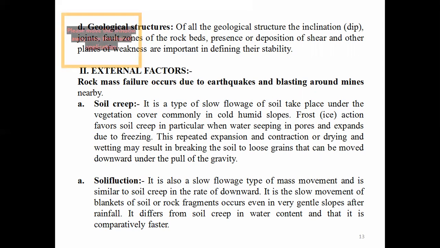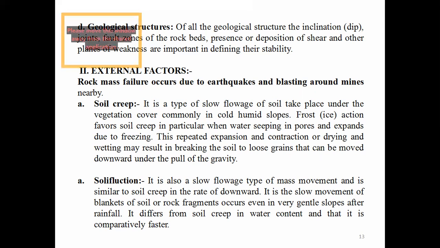Commonly, we can expect this on humid slopes or in frost conditions. When water seeping into the pores expands due to freezing, this repeated expansion and contraction, or drying out and wetting, breaks the soil into loose grains that can be moved downwards under the pressure of gravity. You are familiar with these weathering factors.